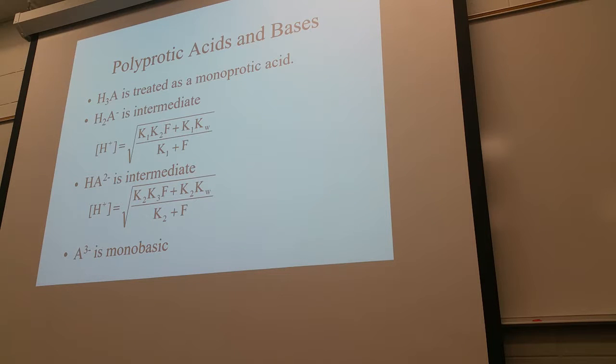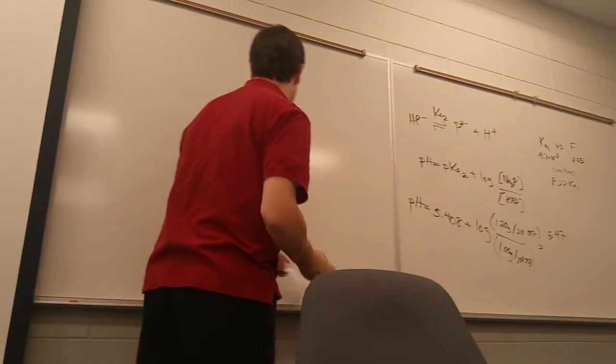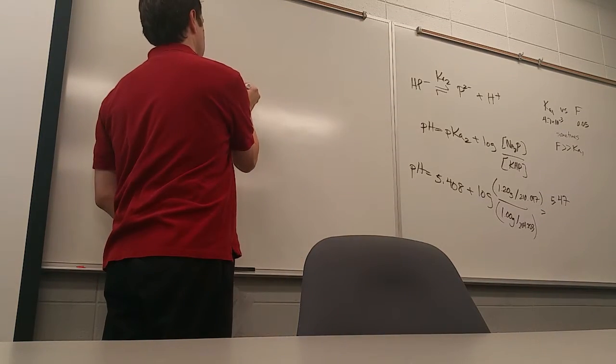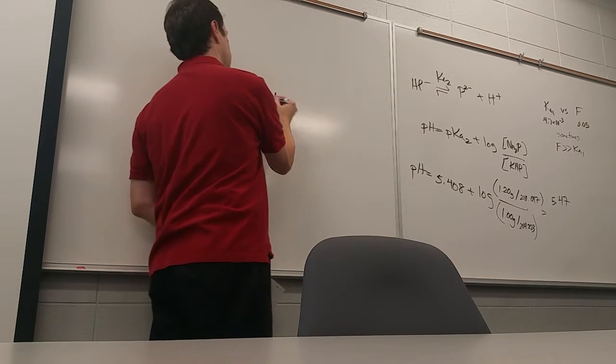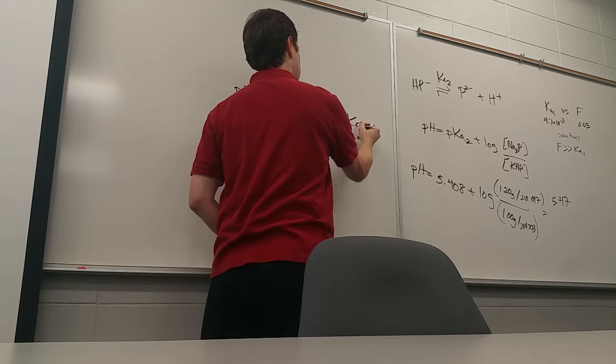I mean, we're not going to do it for a quadratic system or anything like that, just because it's the same theories. But the other good news about this is we can make the same assumptions that we did in the previous system. In the previous system, we said that you can make a pH equals 1/2 of pKa1 plus pKa2.